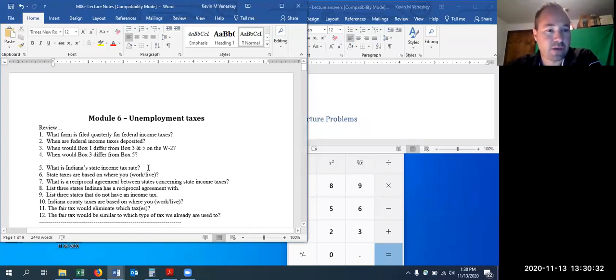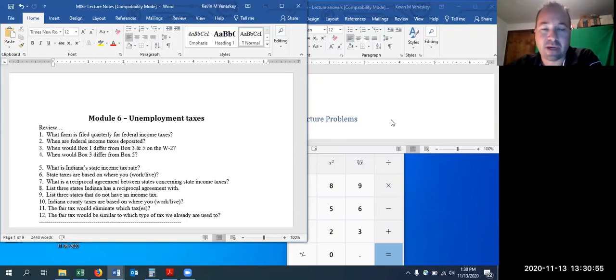Okay, the answers for this review, most of these will be from last week. Now I threw in this first one, it goes back a few weeks. Which form is filed quarterly for federal income taxes? You should have this one down by now. The Form 941. When are federal income taxes deposited?